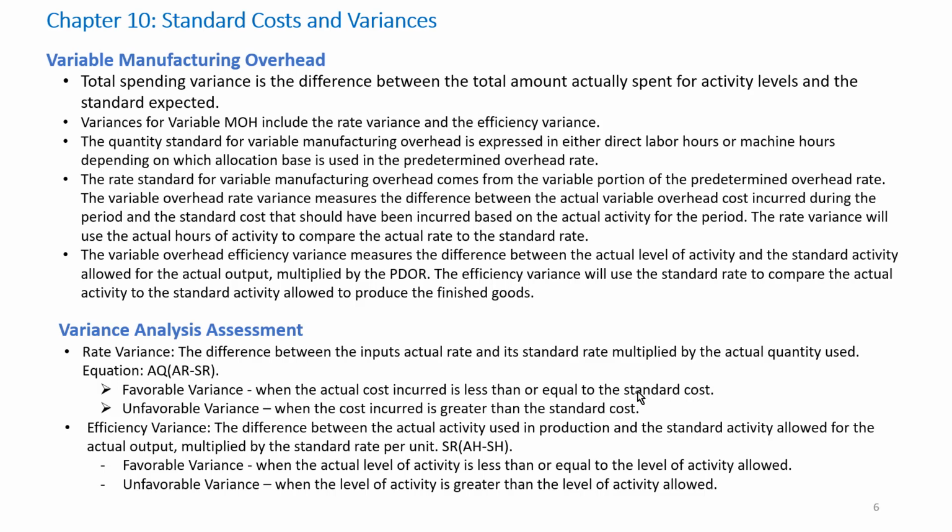A rate which is higher than the standard will result in an unfavorable variance. A favorable efficiency variance exists when the hours used are less than or equal to the standard hours allowed. If more hours are needed, then an unfavorable efficiency variance will be reported.